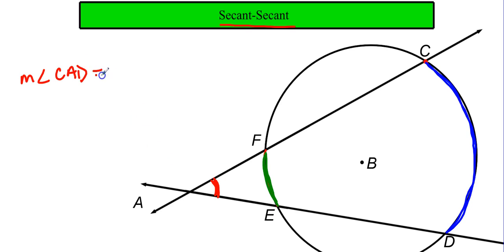It's actually going to be equal to the difference: the larger arc minus the smaller arc. If you chop that difference in half, that's going to give you the measure of this angle on the exterior.